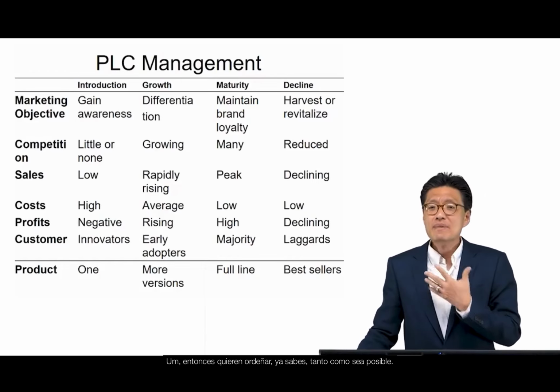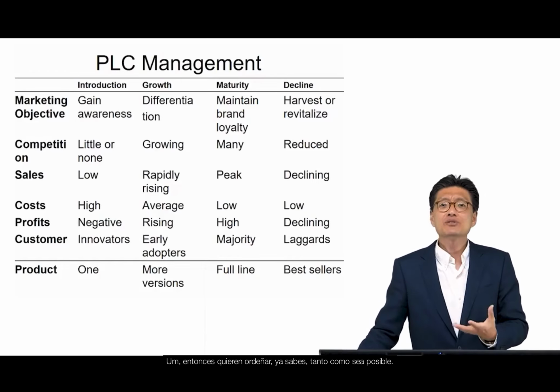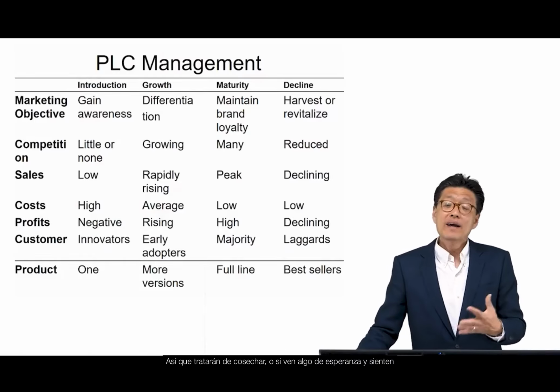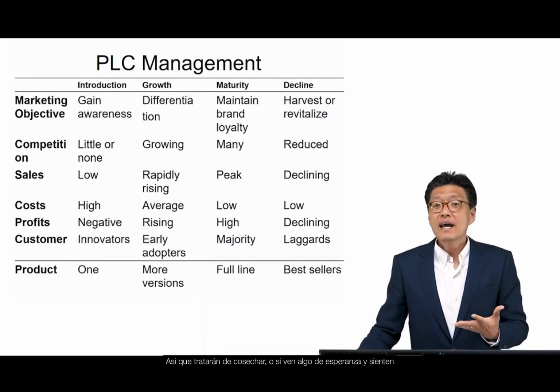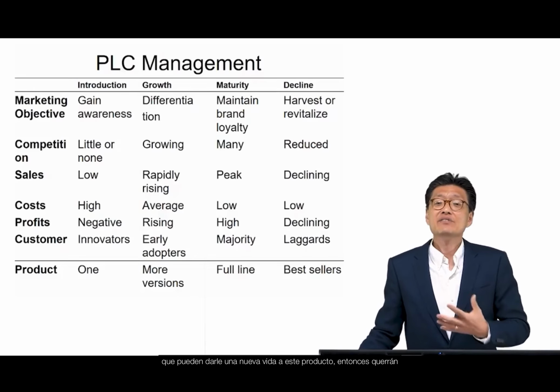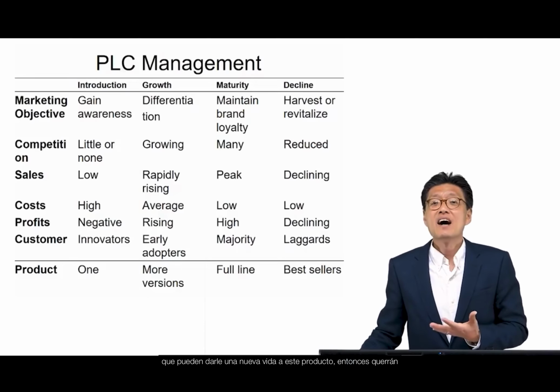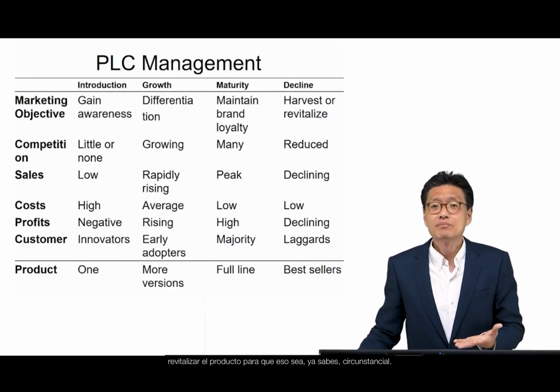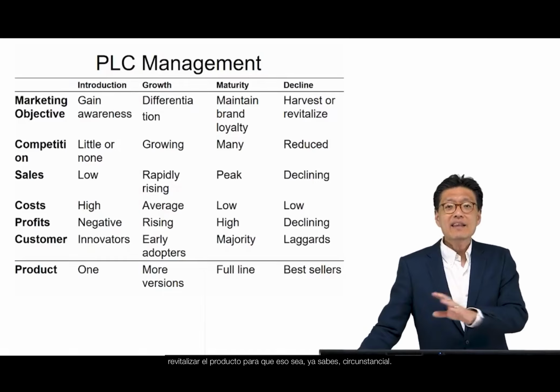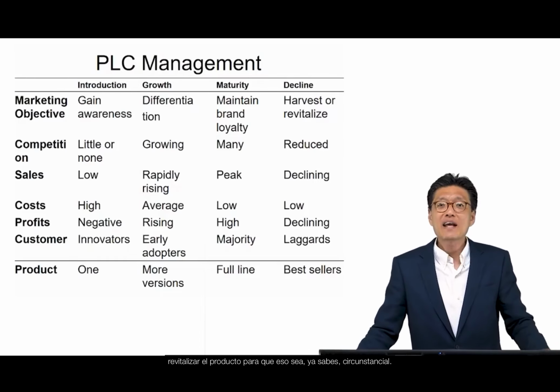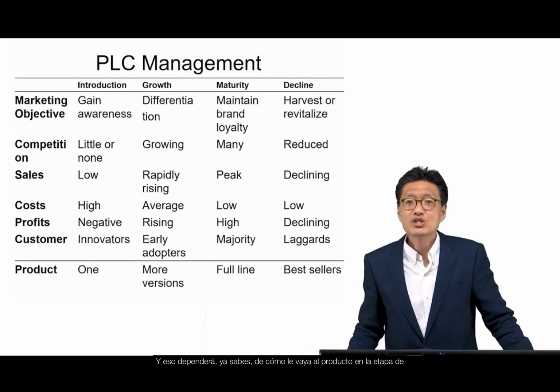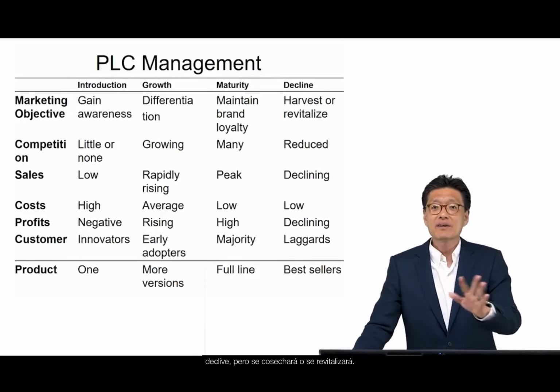So they want to milk as much out as possible, so they'll try to harvest. Or if they see some hope and feel they could give new life to this product, then they may want to revitalize the product. That's circumstantial.